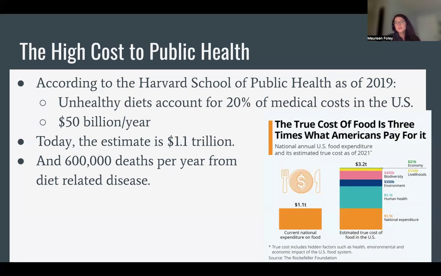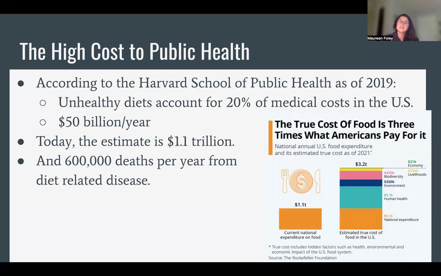So you guys probably know, but Americans do not have the best diets. We have a lot of processed food. We have a lot of highly processed carbohydrates coming from wheat and corn. And we tend not to eat that many vegetables, and we tend to eat poor quality food. So this all has a cost, and that cost shows up in our medical bills and the stress on our health system.